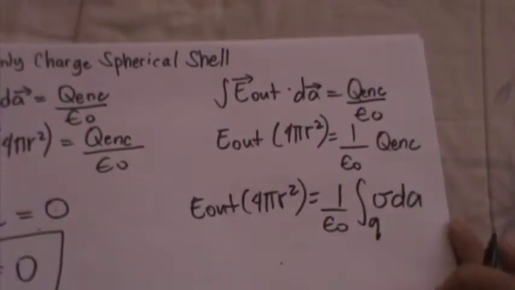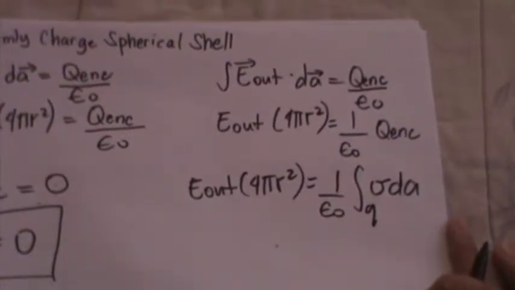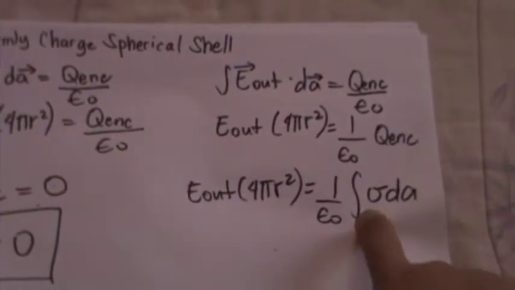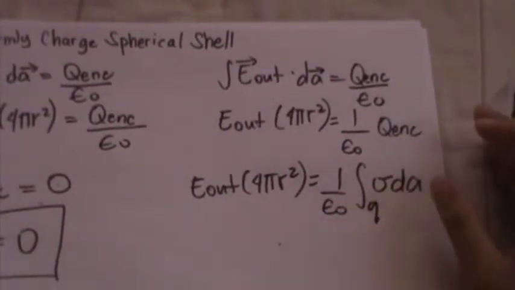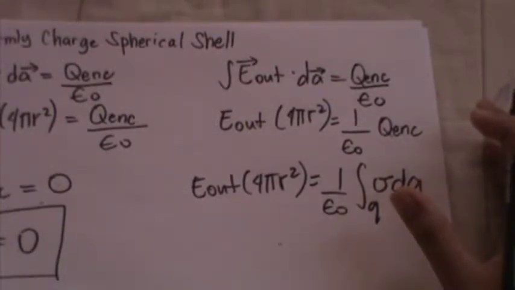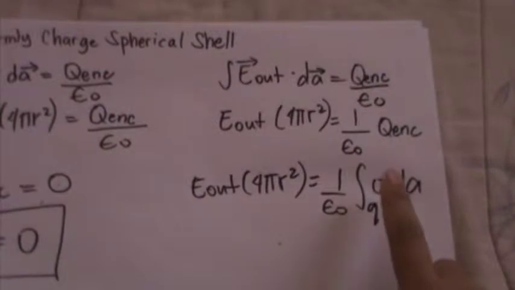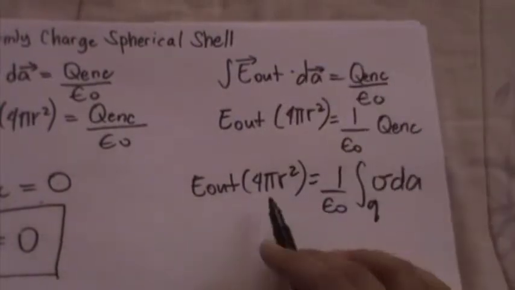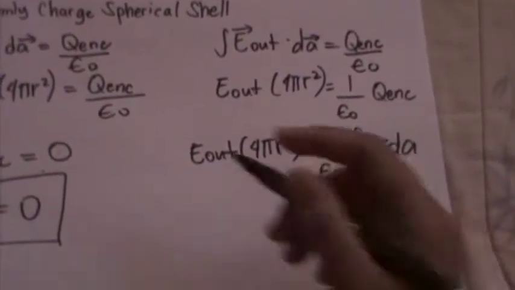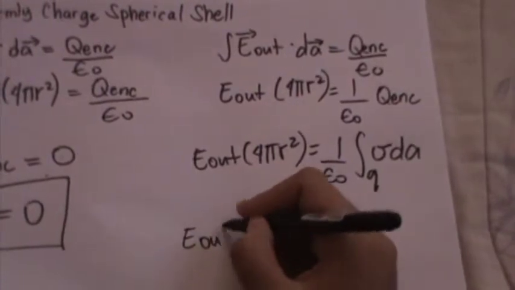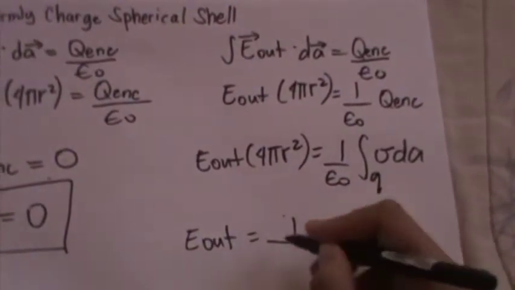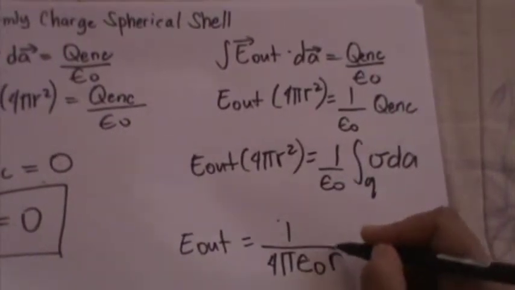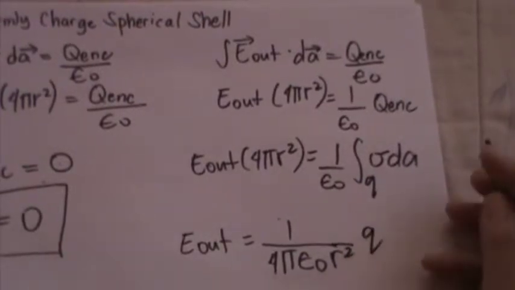Next, you have to get the integral of this one. If we try to get the integral, we'll end up evaluating these things, manipulating and cross multiplying this value here, and we end up with this answer: E equals 1 over 4 pi epsilon naught r squared, Q. Okay.